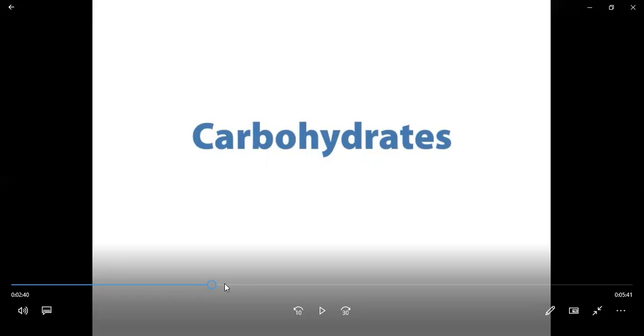There are 8 essential amino acids out of the 20 naturally occurring amino acids. You can search the net for the names of those 8 essential amino acids.